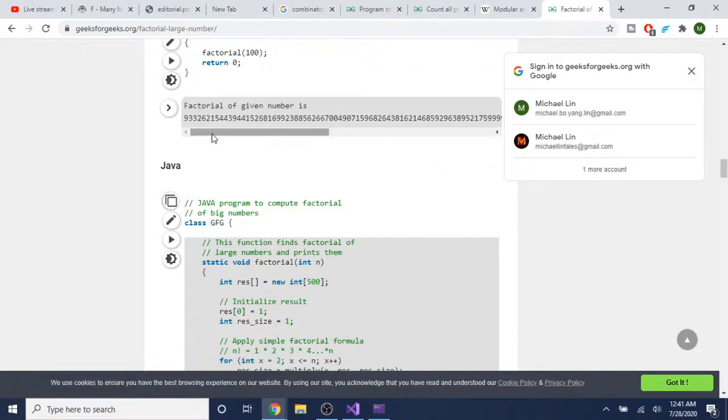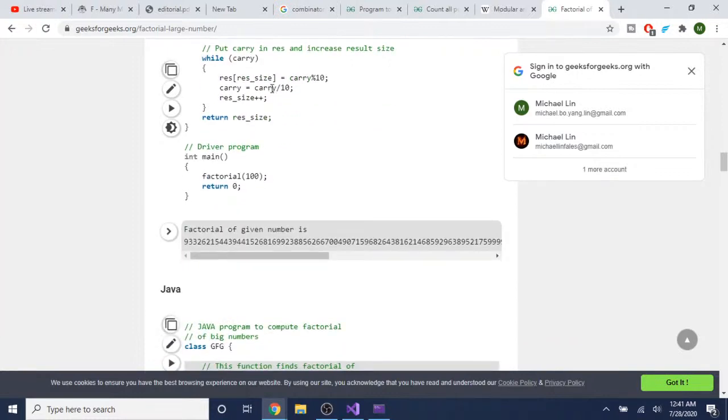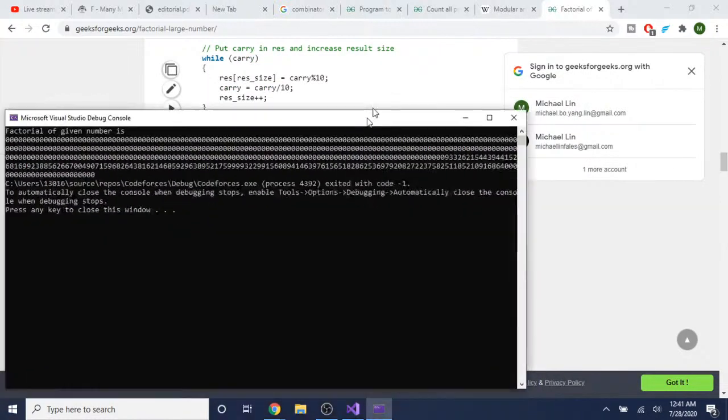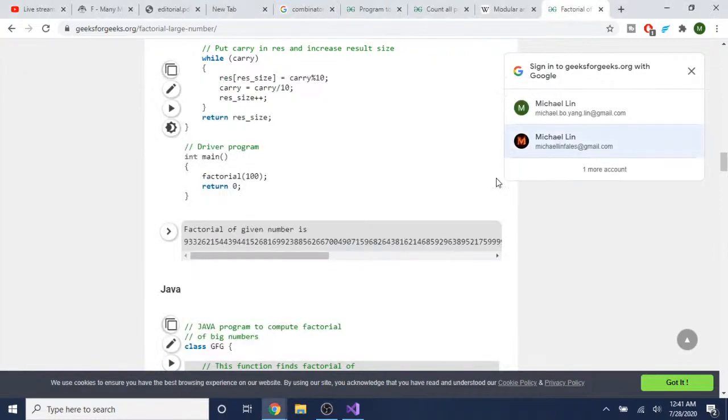Okay, so they do get a number, and I think they get the same number as us, 933262143. Yeah, they do get the same number as us.